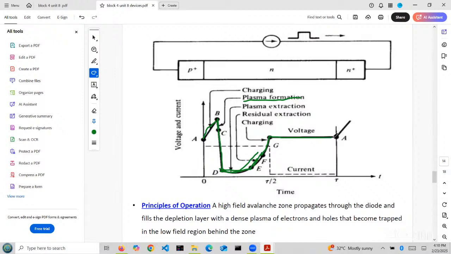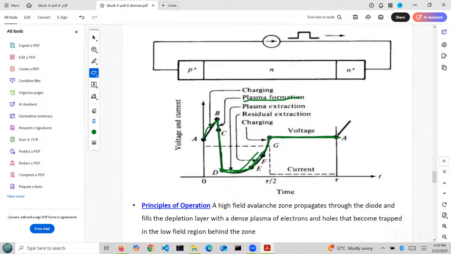It becomes constant. Up to a certain level, it is constant. Voltage becomes constant. Next, in the x-axis, what we are taking, in the y-axis, what we are taking? In the x-axis, we are taking time. In the y-axis, voltage and current both. From the time period t by 2 to t, the voltage becomes constant.